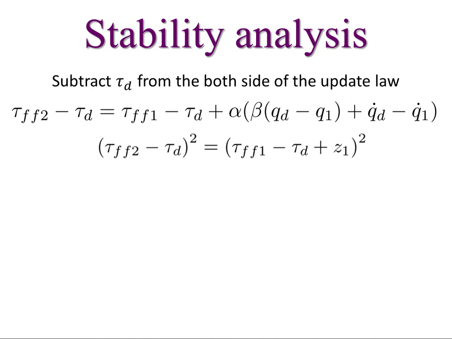To derive the magnitude of the feed-forward torque error, let's square both sides. Also, let's put together the term for the control error on the right side as Z1. Then we get this equation.